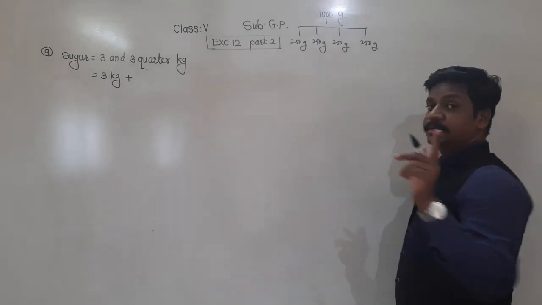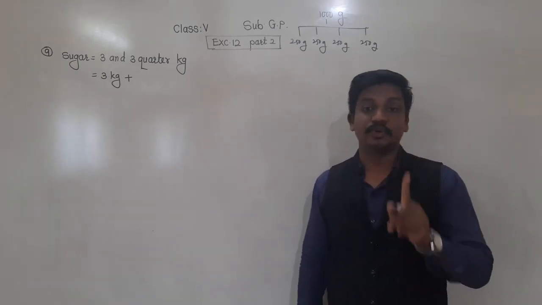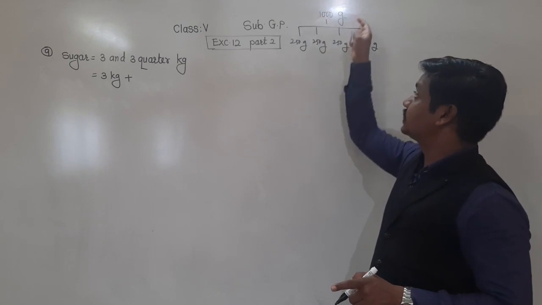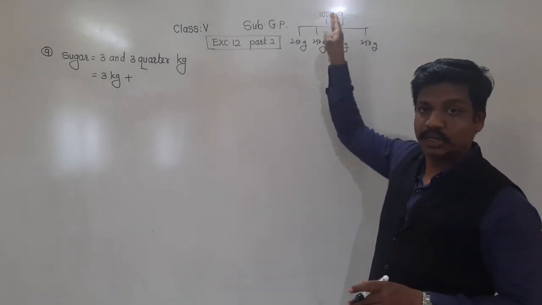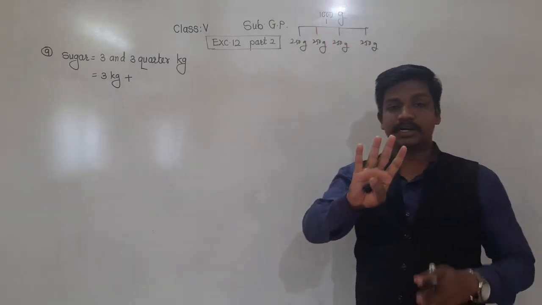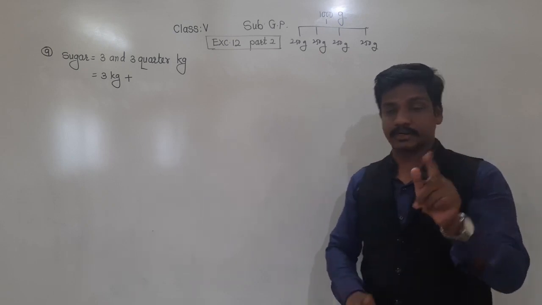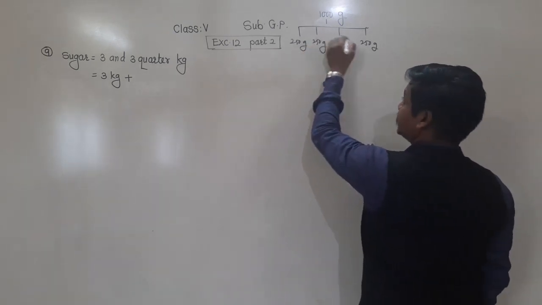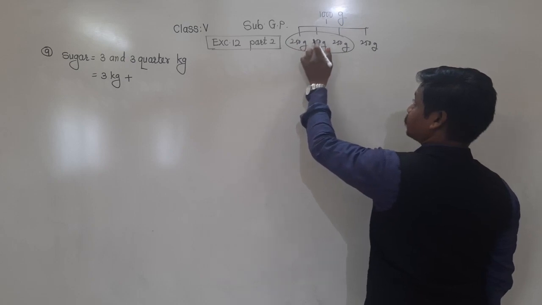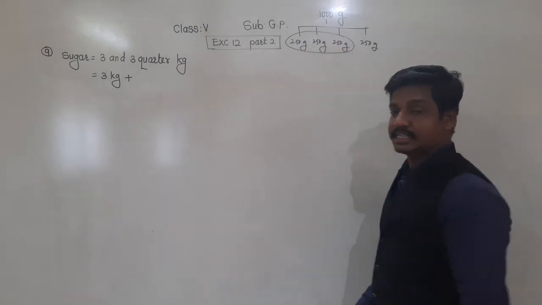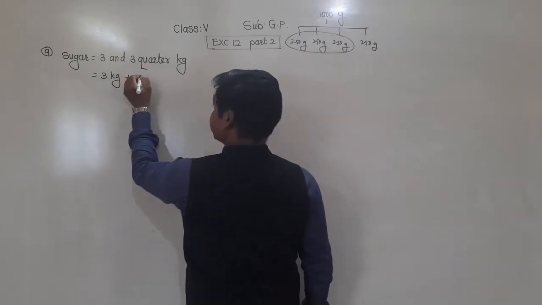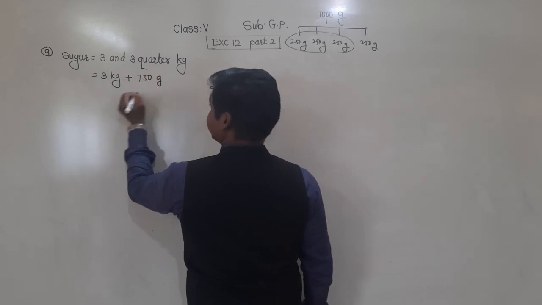So quarter means 1/4. This 1000 gram is considered as a whole. When divided into 4 equal parts, each part is called 1 quarter. So we want 3/4. This 250 plus 250 plus 250 is 750. So 3/4 kg means 750 gram.